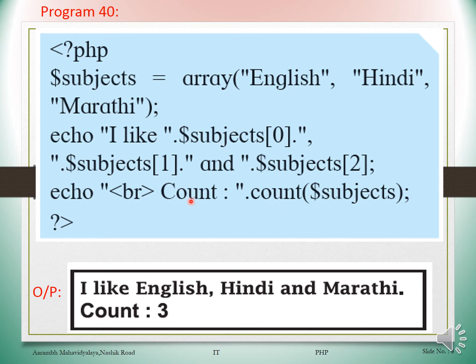Here the count word is used to display the count, and to count the total number of subjects we have used the count function with the variable dollar and array name subjects. In this $subjects we have declared all these three subjects and it will count the number of elements of the declared data, and it is 3.